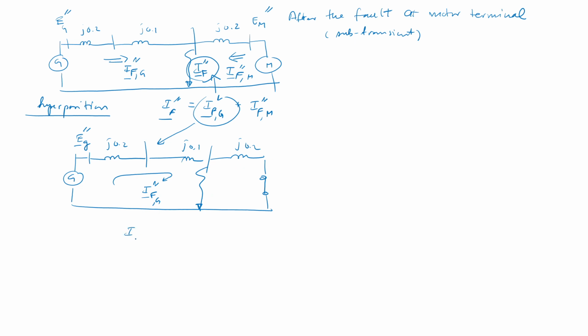So in this equivalent circuit, you can find the IFG double prime as EG double prime divided by, because the current flows through these two reactances, j0.3. This is the first part of the fault current, coming from the generator.